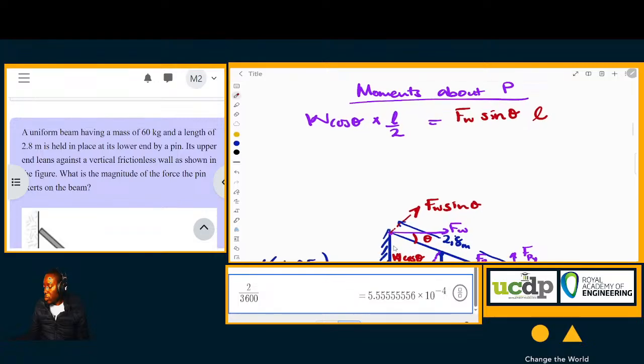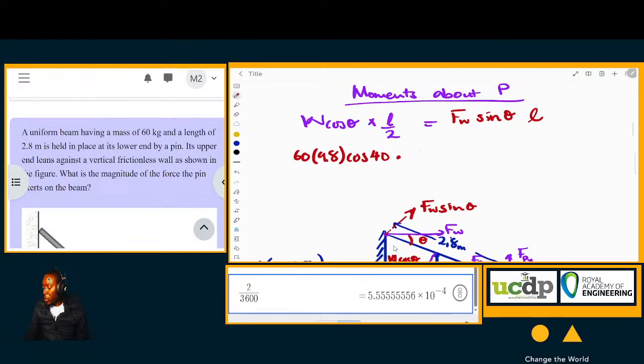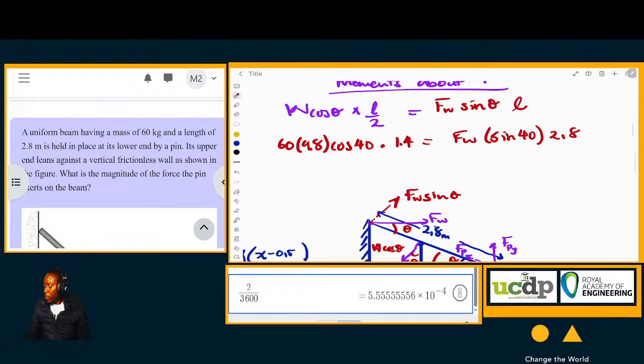Because L is 2.8, W is 60 times 9.8, times cos 40, times L over 2, which is 2.8 divided by 2, that's 1.4, should be equal to Fw times sine 40 multiplied by 2.8. So divide both sides by sine 40 multiplied by 2.8.